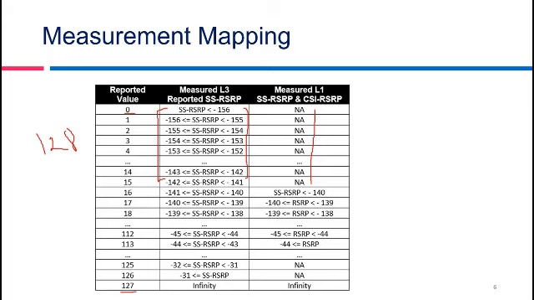And if we go to the lower part, we can also see the higher values like 125 and 126 are also not applicable to the layer 1 RSRP measurements. Those are only related to the layer 3 measurements. Let's take an example and calculate the measured value from the reported value.